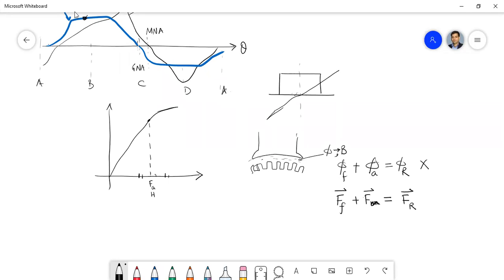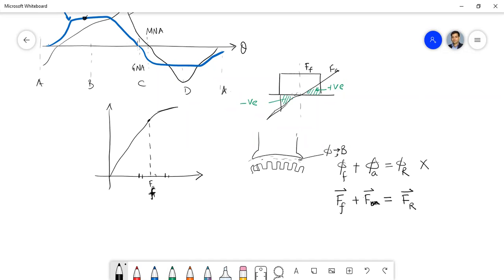So this is the armature MMF and this is the field MMF. Here we are gaining something and here we are losing something. So this is the positive portion of the armature MMF and this is the negative portion. This is your field MMF.